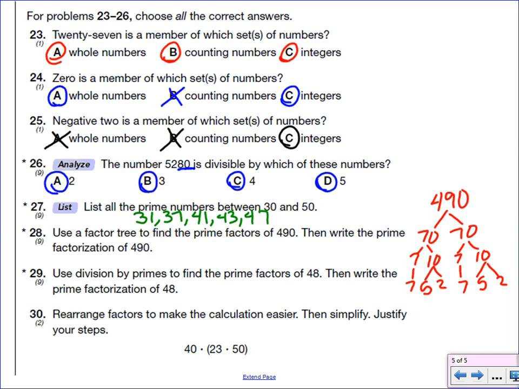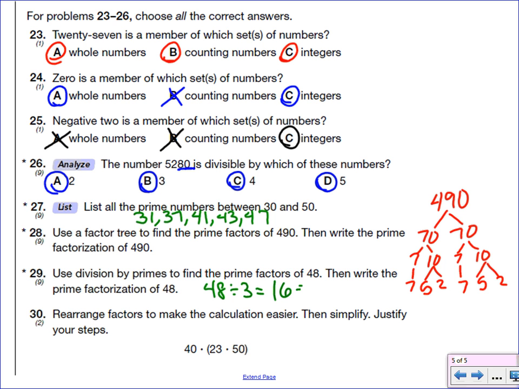Use divisions by primes to find the prime factors of 48, and write the prime factorization of 48. Well, a prime number that goes into 48 is 3. So I would take 48 and divide that by 3, which would give me 16.